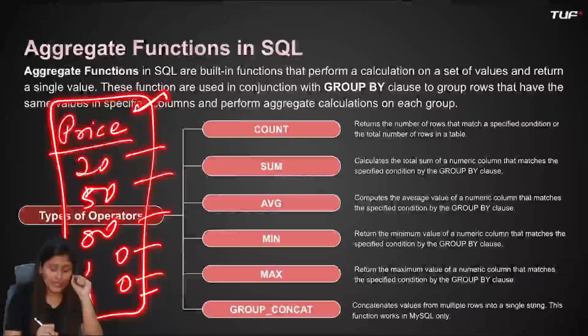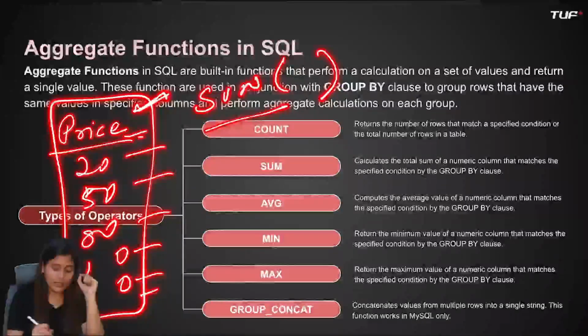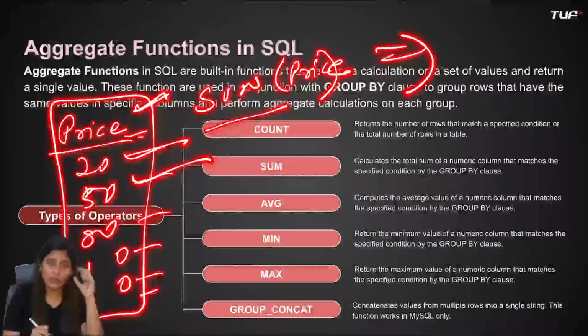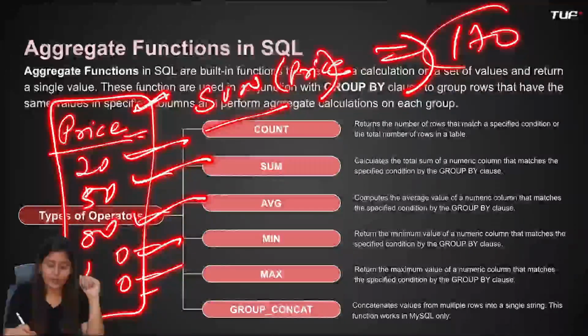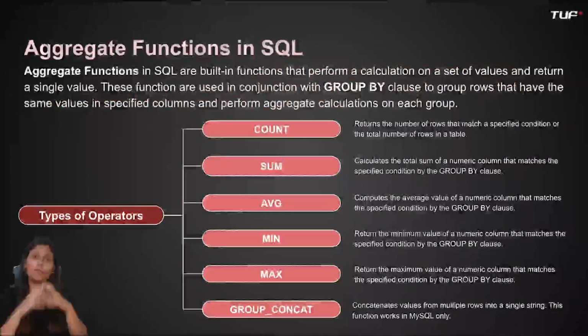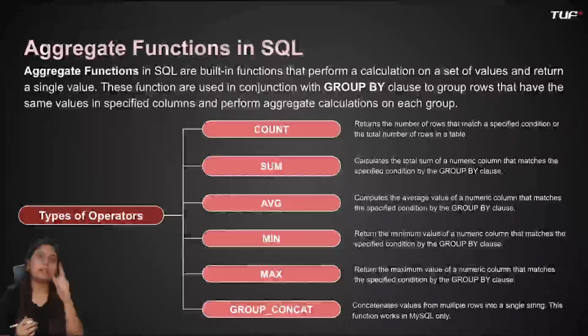Instead, you have a function called sum. You just give sum of price, the column name, and that will return the summation: 50 plus 20 is 70, plus 80 is 150, and the total is 170. So this is how it returns. It is a built-in function which gives you a single result for a particular column.